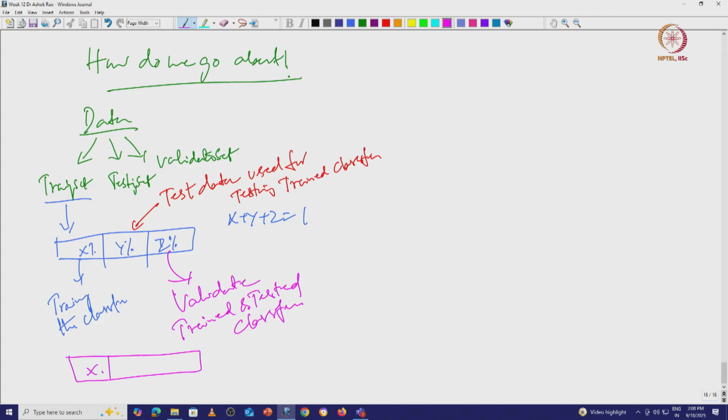So, you have a new x1, new y1, new z1 out of this, and this shuffling is called m-fold crossover. Typically you shuffle this 3 or 4 times and train, test and validate. When you train, test and validate on the same data set, it is called close validation.